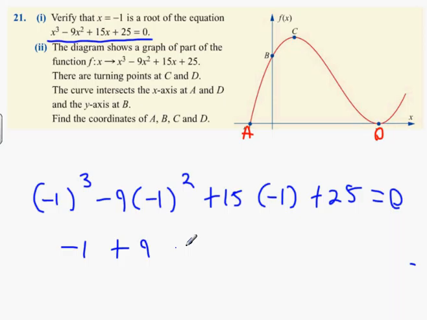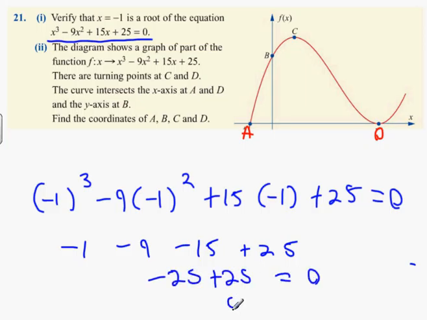Minus 1 plus 9 minus 15 plus 25. Is that right? Oh, sorry, that's minus 9. The second one's minus 9, excuse me. And what happens is that's minus 25 plus 25. What's minus 25 plus 25? 0 equals 0. We're going to stay with this question, then you can have a break.